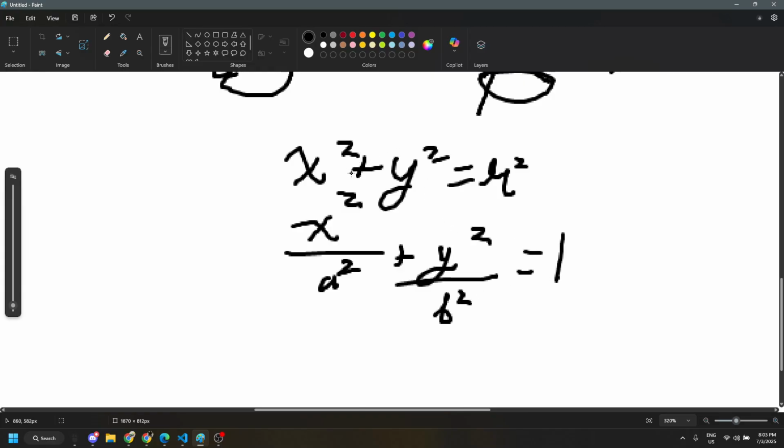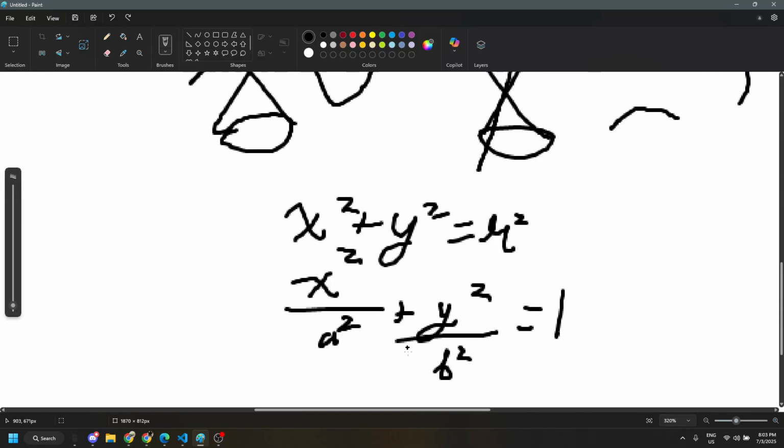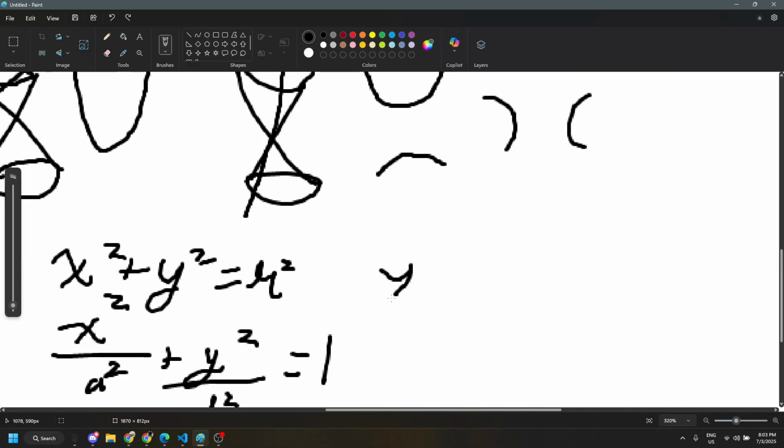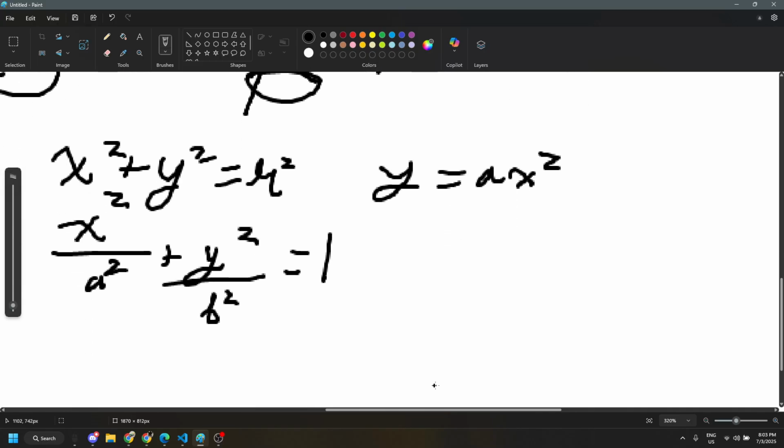So x is stretched out more than y, or the opposite, y is stretched out more than x. Now a parabola, it's literally just y equals a x squared. That's it.